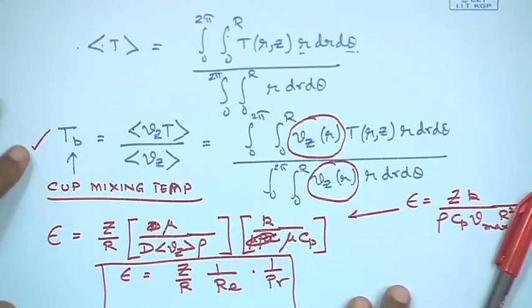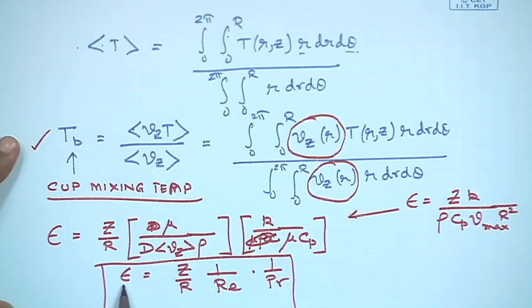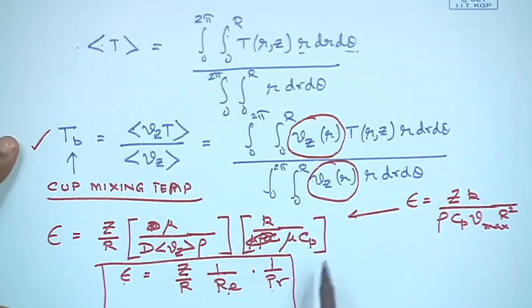So, what this tells me is something interesting. It tells me that the epsilon, the actual coordinate, can be expressed in terms of Reynolds number and in terms of Prandtl number with an actual location, and this is the radius of the tube itself.